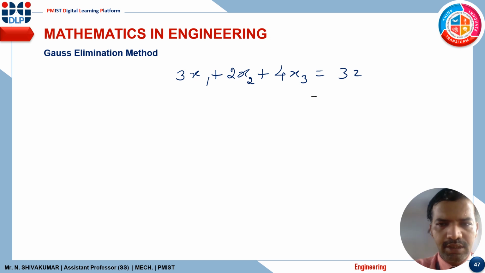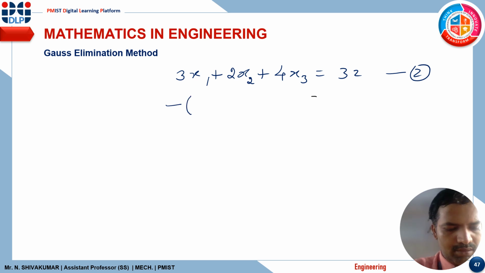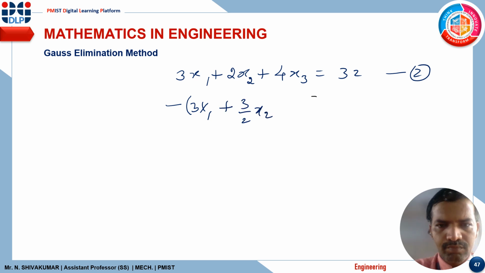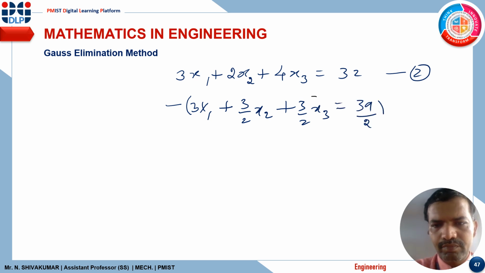So that is equation 2. Okay, so we have to subtract the modified equation from equation 2. So what is the modified equation? 3x1 plus 3 by 2 x2 plus 3 by 2 x3 equal to 39 divided by 2.